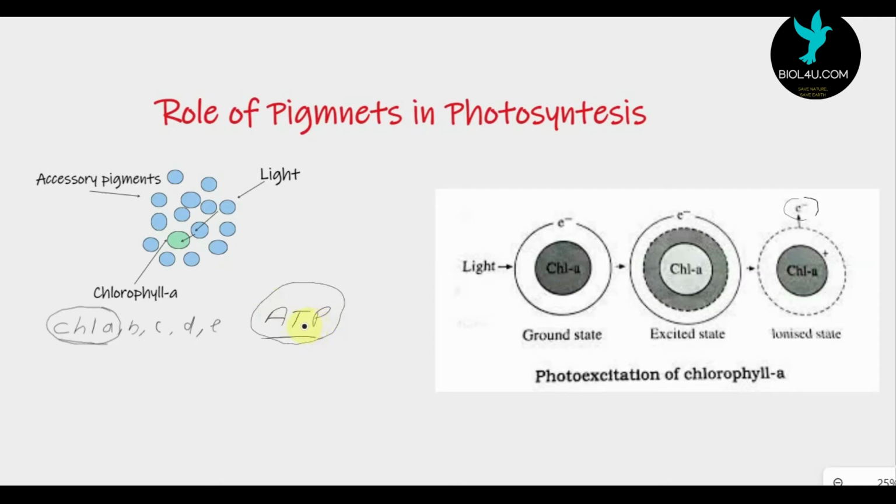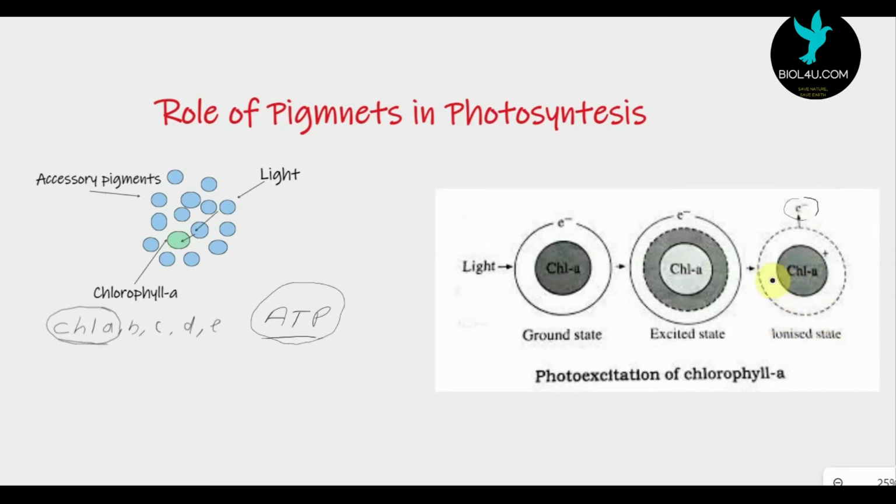Okay, when the electron leaves, the chlorophyll A molecule becomes positively charged. When the electron is expelled from chlorophyll A, the electron goes outside and is carried by the carrier. At the same time chlorophyll A becomes positively charged, and this positively charged chlorophyll A molecule is known as ionized chlorophyll A, or the ionized state.